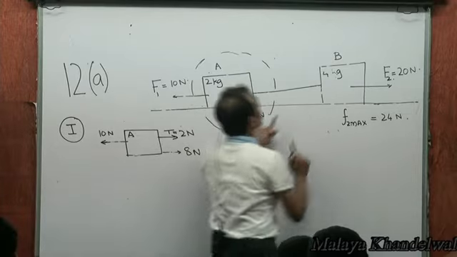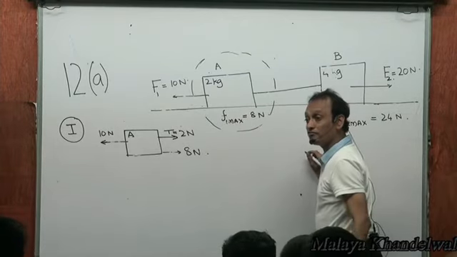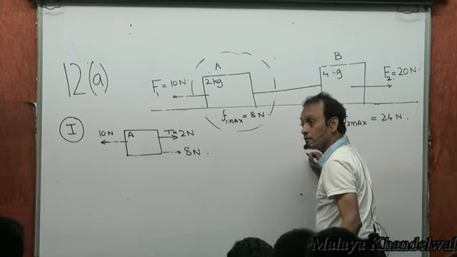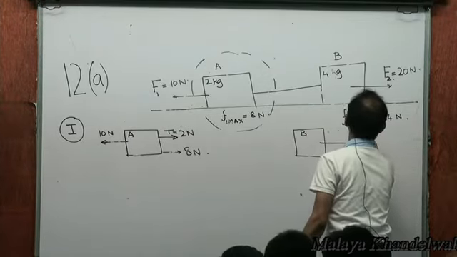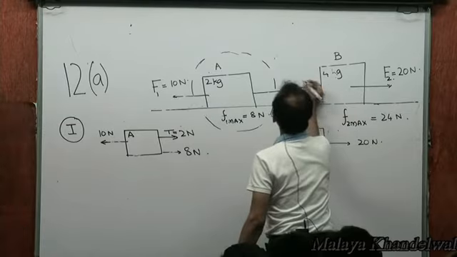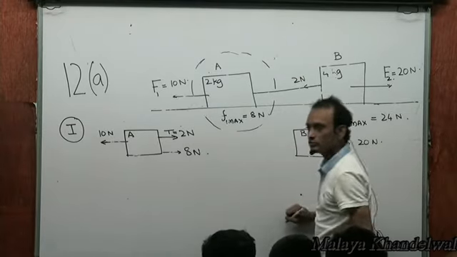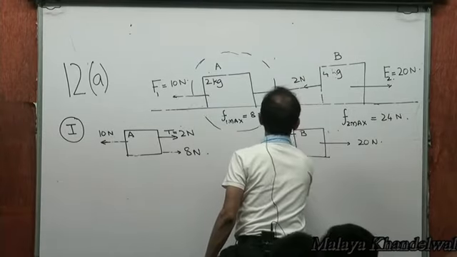Now with this data, let me come to the free body diagram of B. There is 20 newtons like this. Now tension will remain 2 newtons only. Yes or no? 2 newtons.